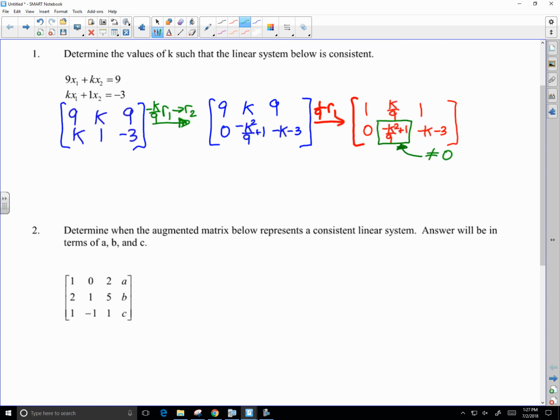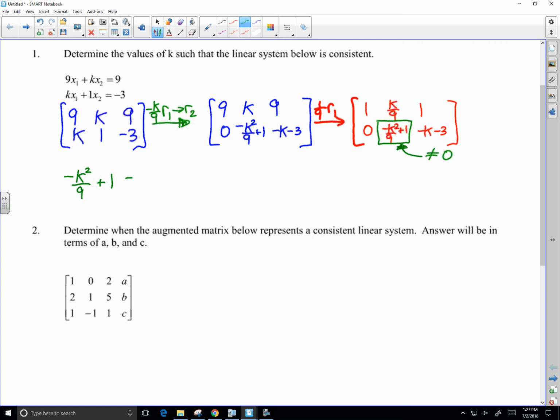With that in mind, you may want to continue the process. To get it 0, 1, then all you have to worry about is coming up with the values of K for the last entry. But I already started writing this, so I'll continue. Negative K squared over 9 plus 1.